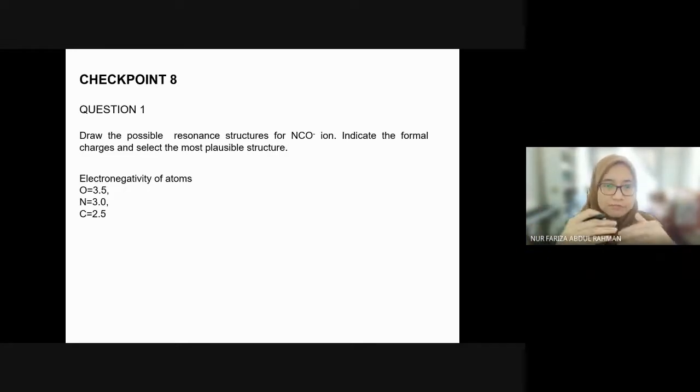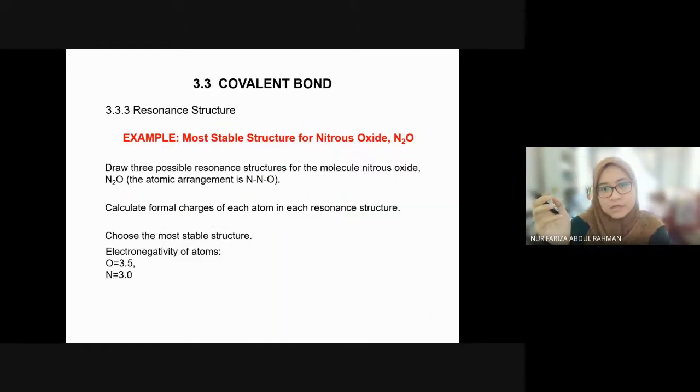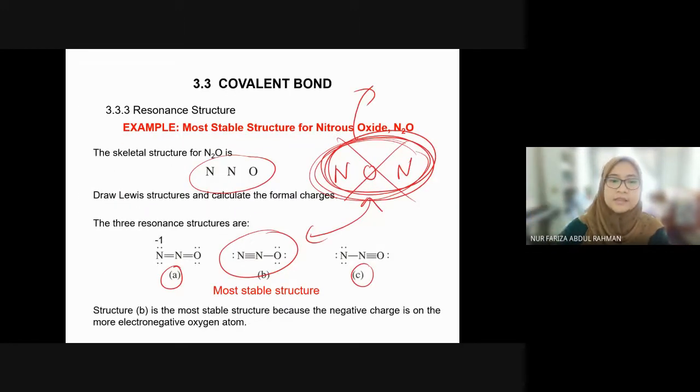The next thing to consider is that the electronegative atom should have the negative charge, like what we had in the example here. The Lewis structure alone.